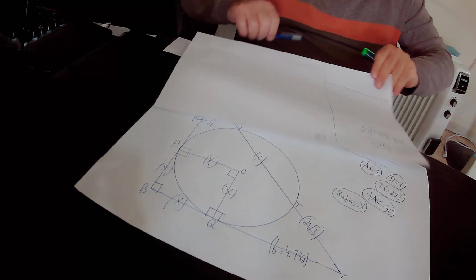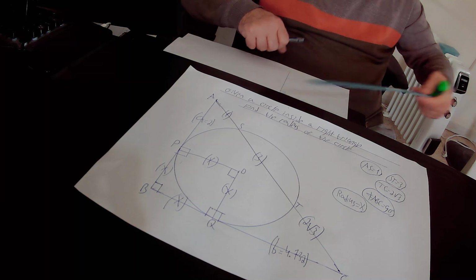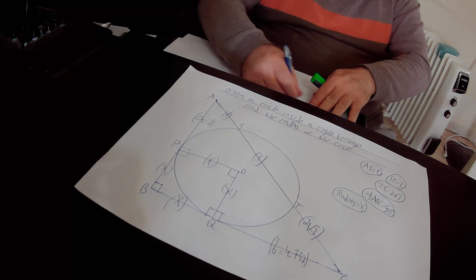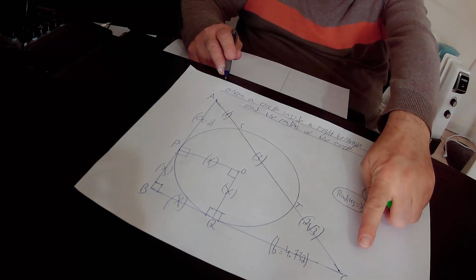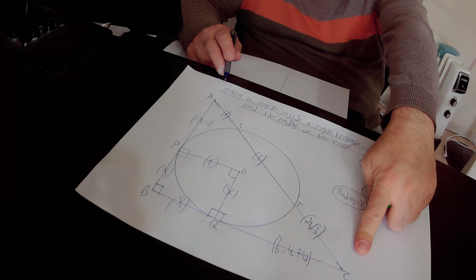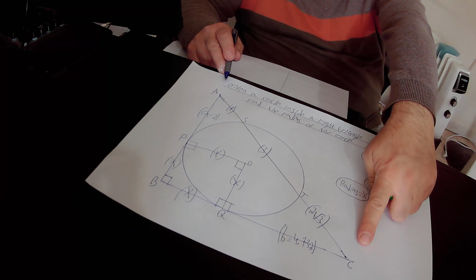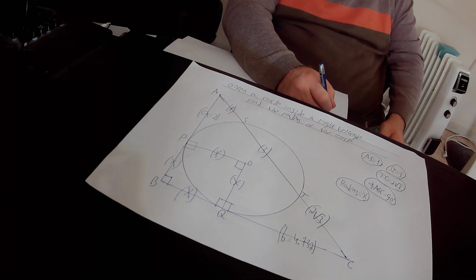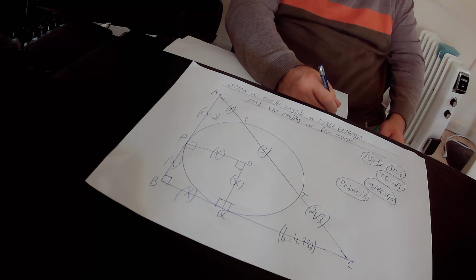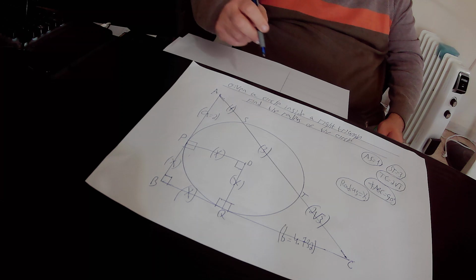So AC squared. What is the length of AC? It is very easy to see from the drawing that AC in total equals 1 plus 3, that is 4, plus 2 times square root of 3. So in total AC equals 4 plus 2 times square root of 3, therefore AC squared equals 4 plus 2 times square root of 3 squared, and it equals AB squared.